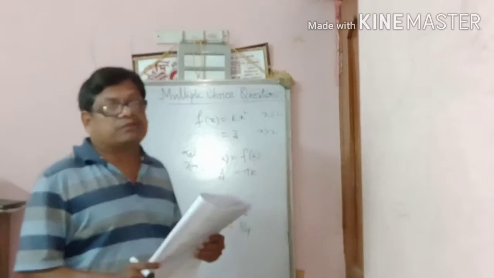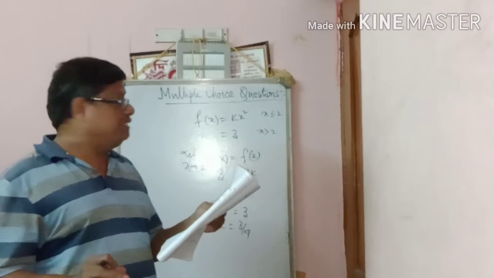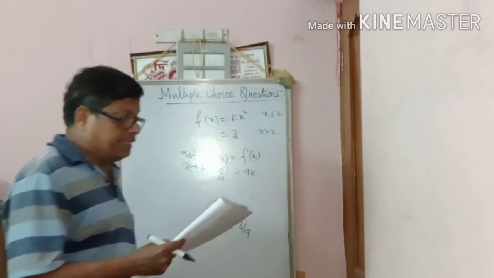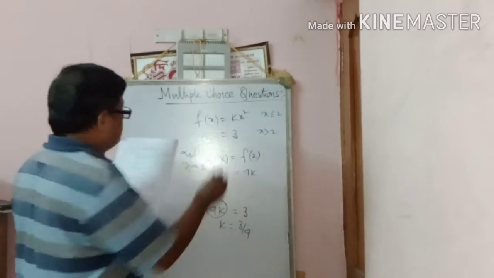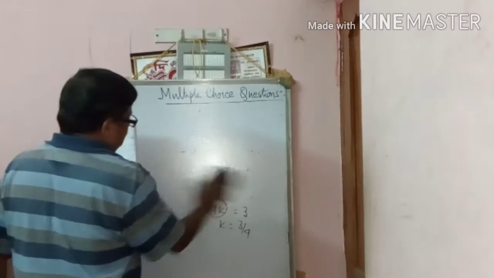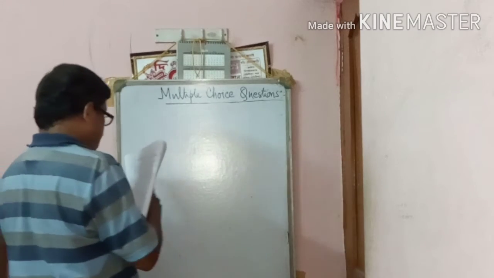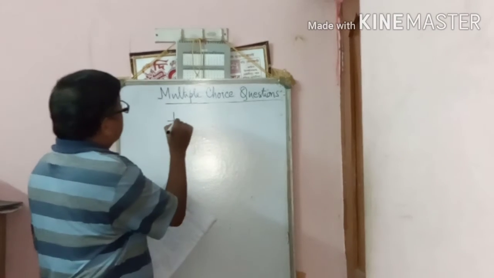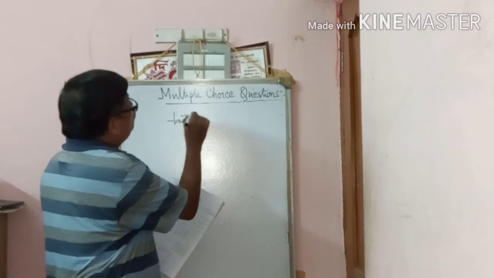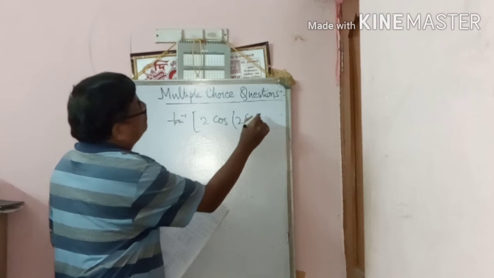Okay, and so for this question, the option is A. And the next sum: tan inverse of 2 cos of 2 sin inverse half.